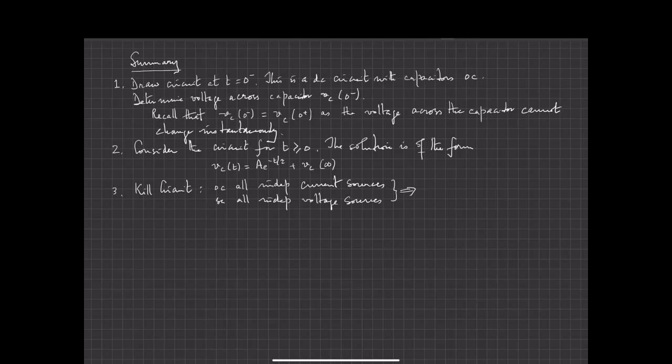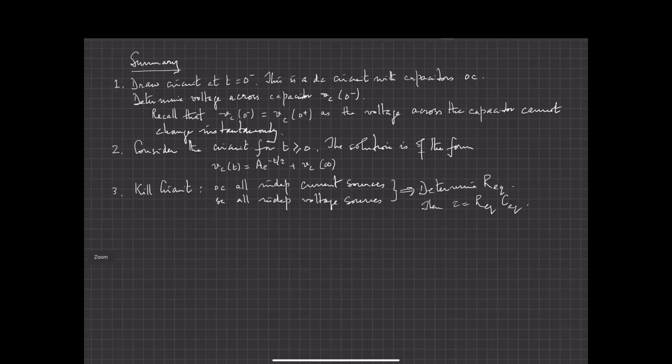Determine R equivalent, and then tau equals R equivalent times C, in general C equivalent.